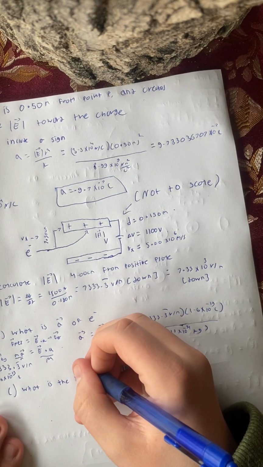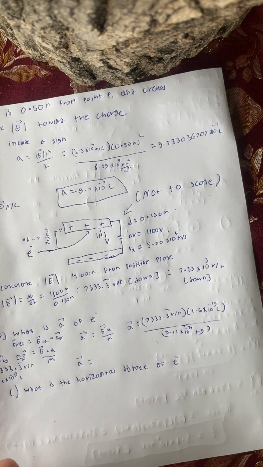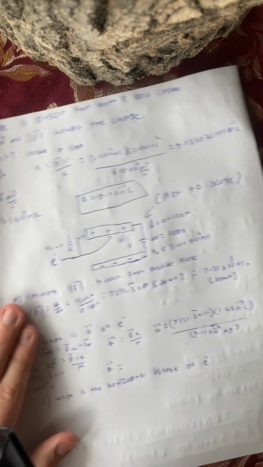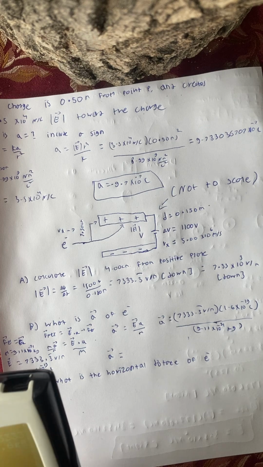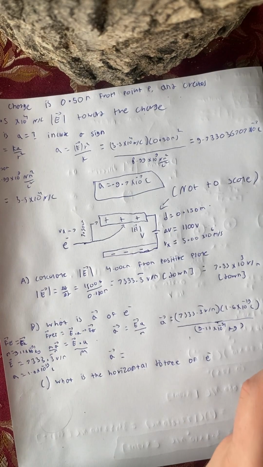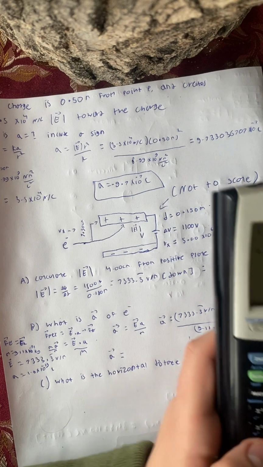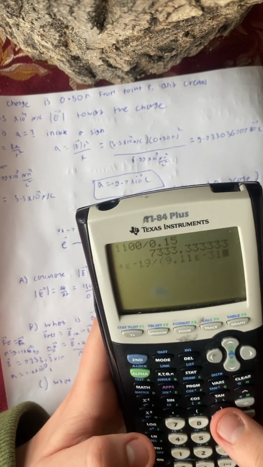So our acceleration then comes out to be about, haven't done the calculation yet, but we can simply plug in the values. See, these projectile motion questions, you just have to take them step by step. So 1.6 times 10 to the negative 19, and divide that all by the mass of the electron, 9.11 times 10 to the negative 31 kilograms.